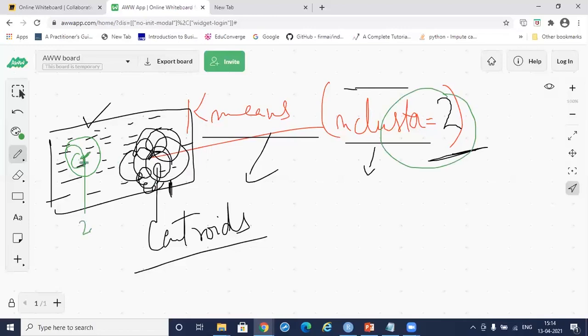These centroid values will start looking at all the nearby values, and the mean of all the nearby values is taken. When the mean of all nearby values is calculated, the K-means algorithm changes the centroid internally.